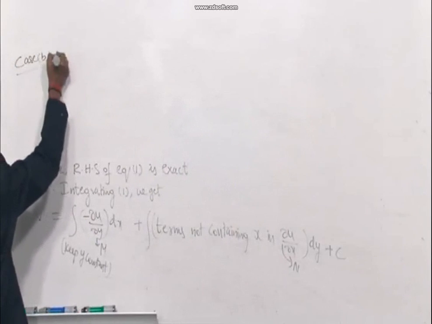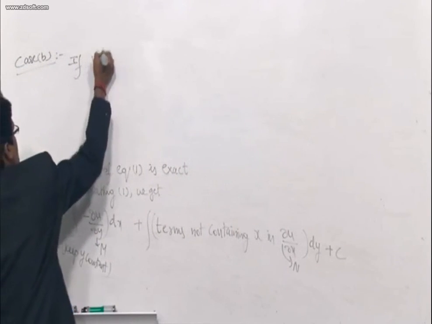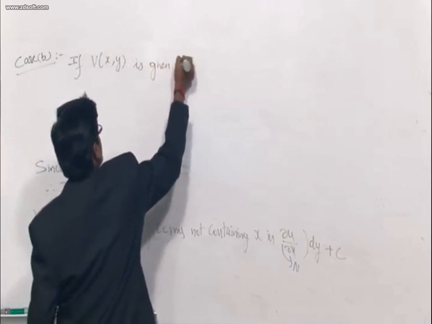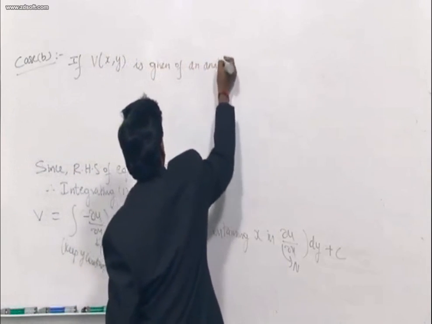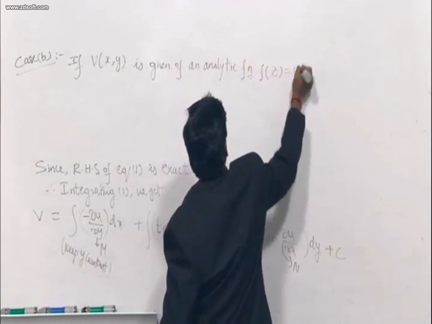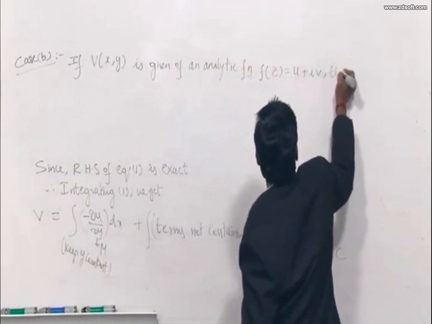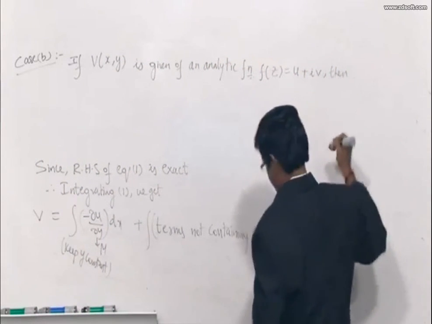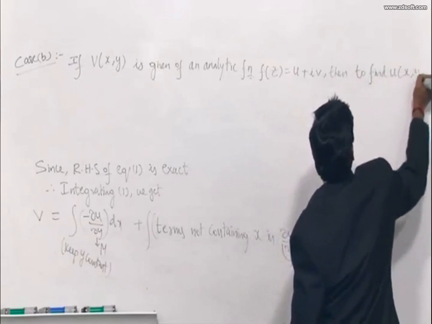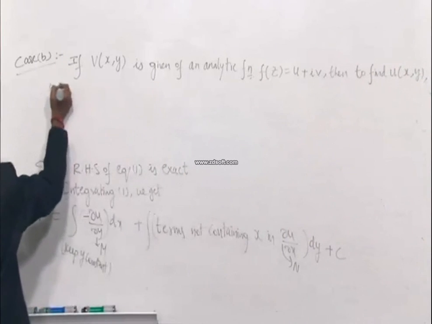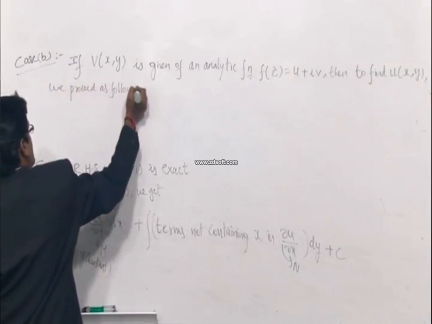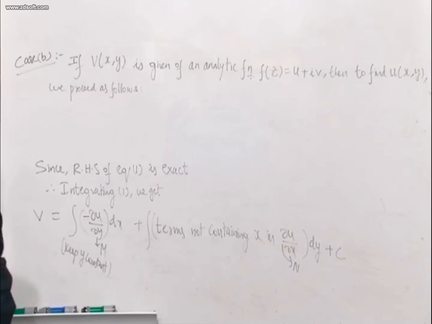Case B. If v of x comma y is given of an analytic function f of z is equal to u plus iv, then to find u of x comma y, we proceed as follows, just like above.